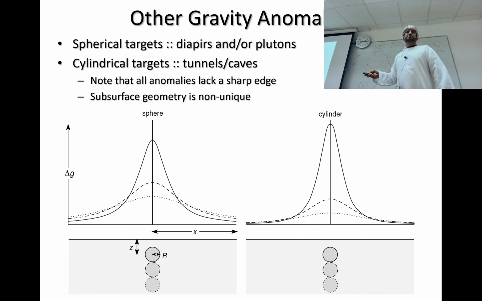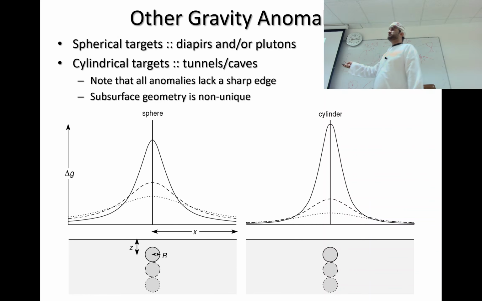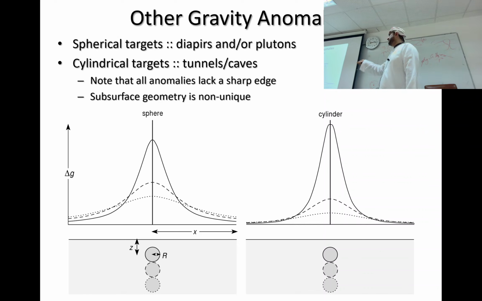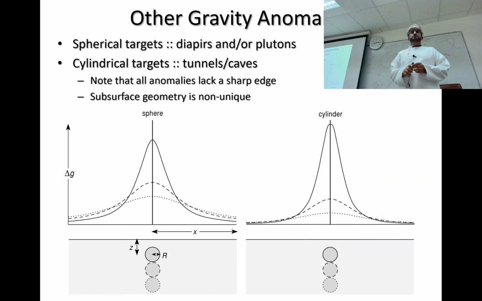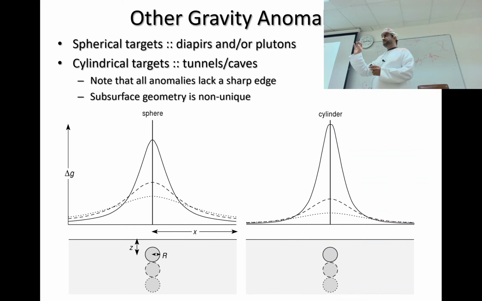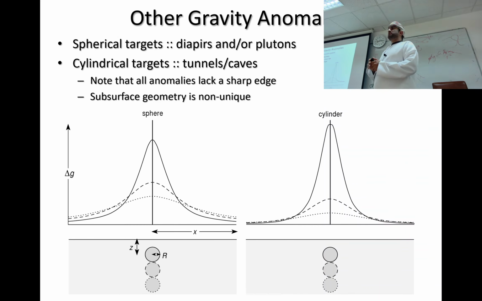So it's actually hard to distinguish which feature produced the anomaly. And we call that what? More than one model produced the same anomaly. That's called non-uniqueness. Potential methods like gravity are passive techniques, and they are non-unique.